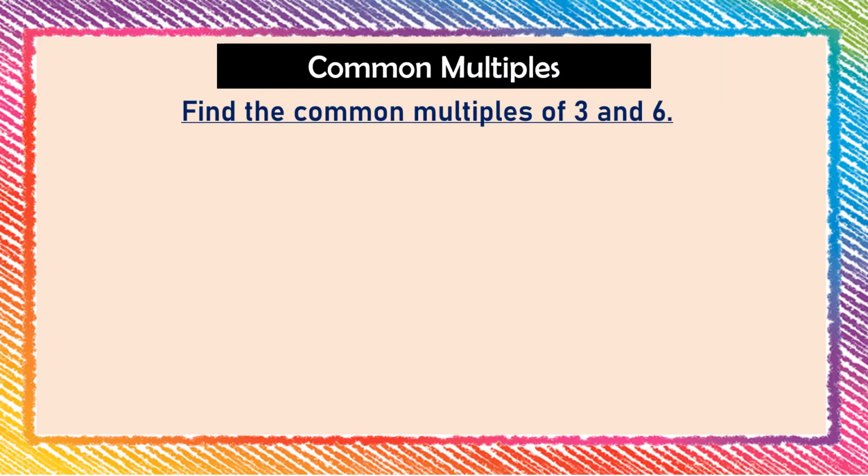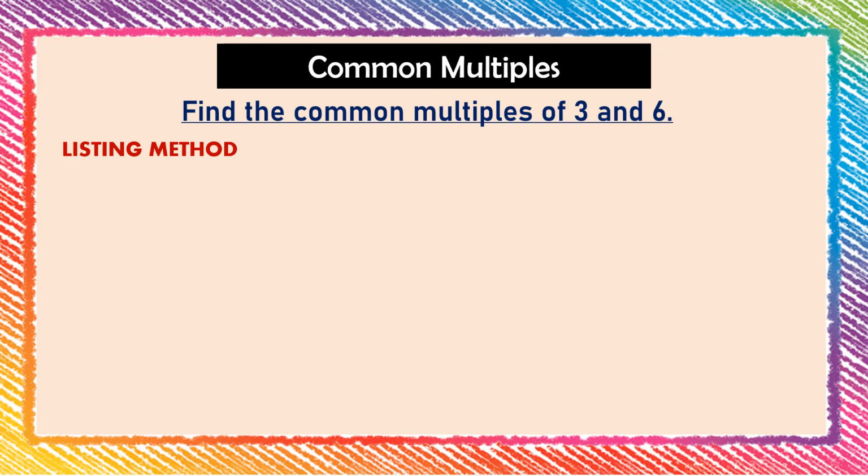It is often useful to know what multiples two numbers have in common. Let us find the common multiples of 3 and 6. One way is to list some of the multiples of each and look for a pattern.